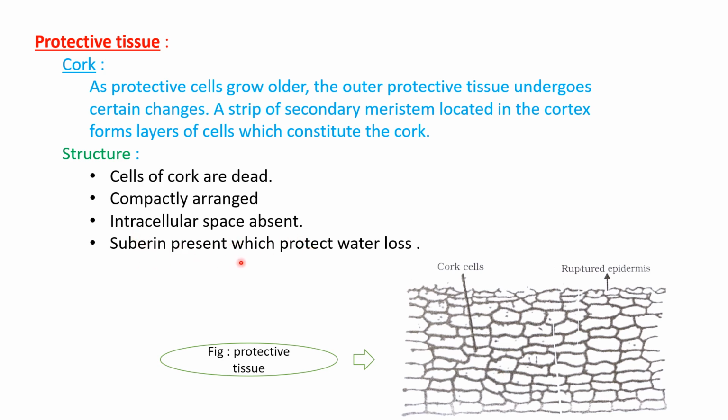Next one, suberin present, which protects against water loss. In the epidermis, we also learned that a water-resistant substance is secreted from the epidermis. In the same way, in cork also one chemical substance is present, that is called suberin, that also protects against water loss.